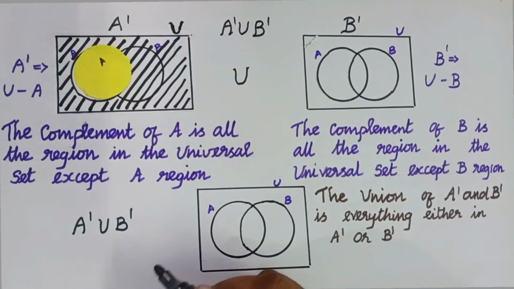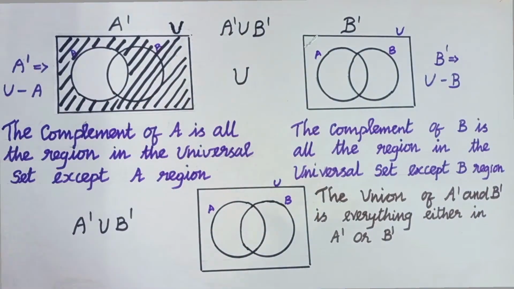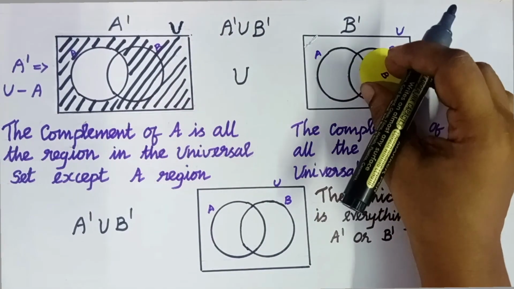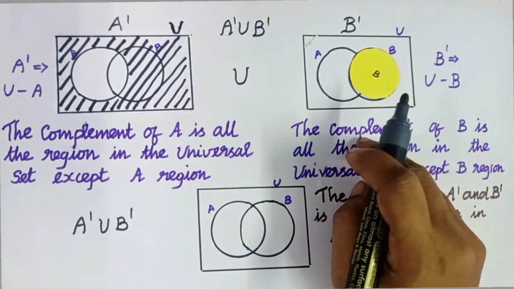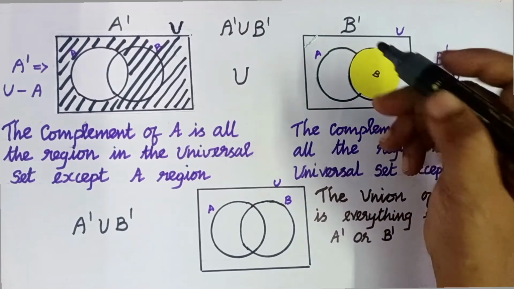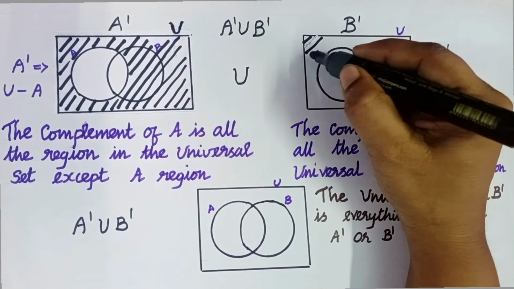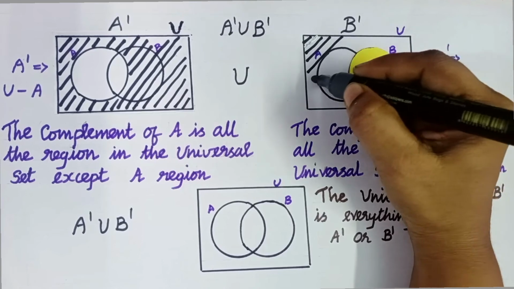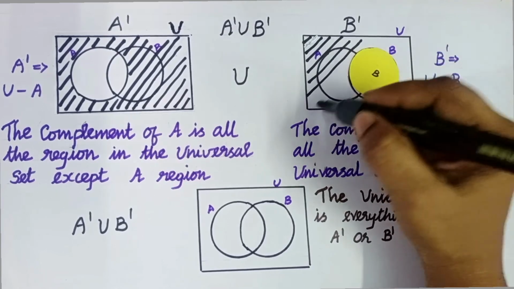This is A complement. Now let us shade the B complement region. B complement means we have to shade all the region in the universal set except B.